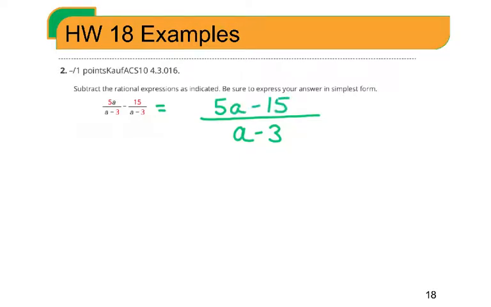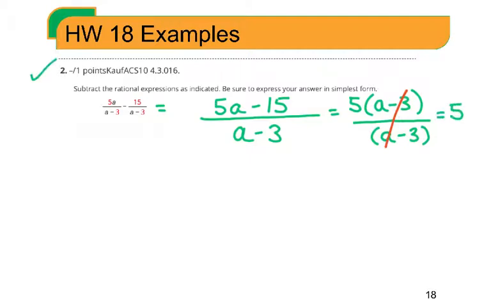There we go. Are we done? No. Why? Because look, I can factor out that 5. This is equivalent to 1, and that equals 5. So there, we've done a homework problem. Yay!